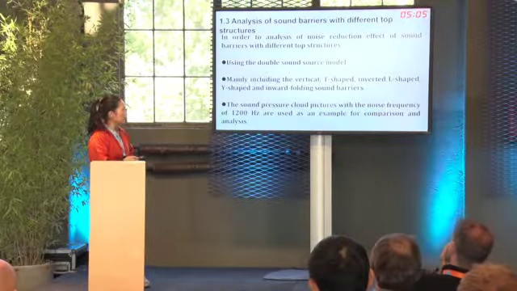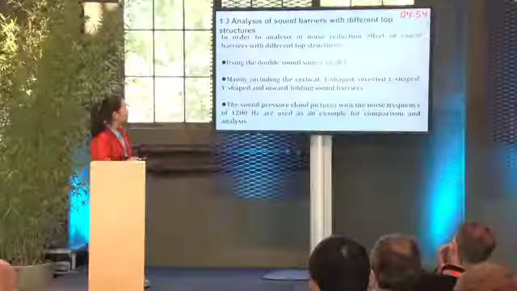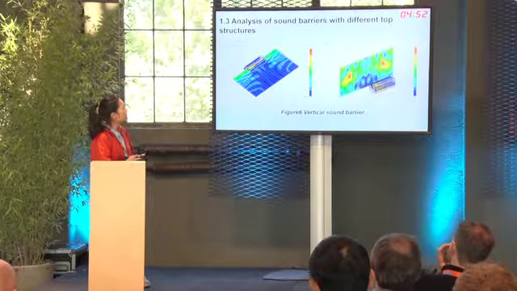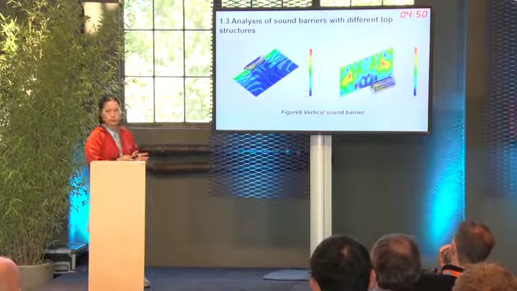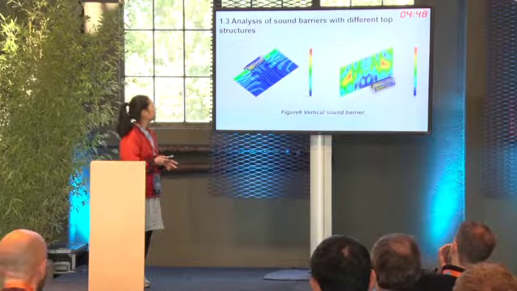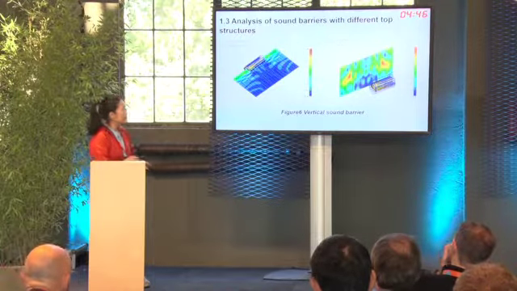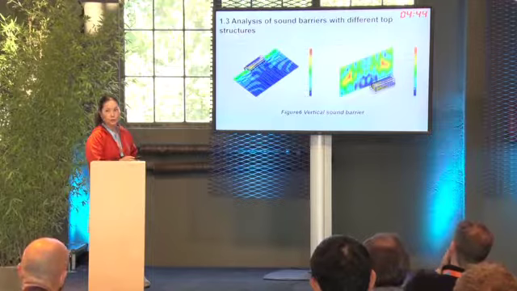The sound pressure cloud pictures with a noise frequency of 1,200 are used as an example for comparison and analysis. Now we can see the different top structures, and we get these cloud pictures.